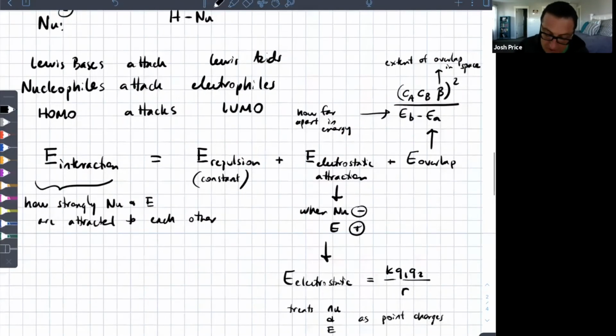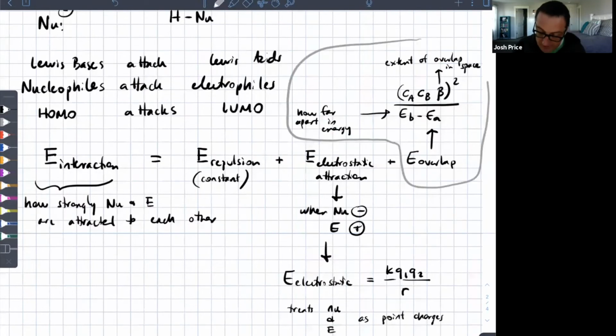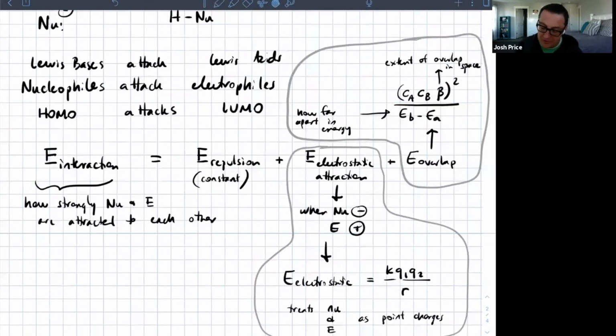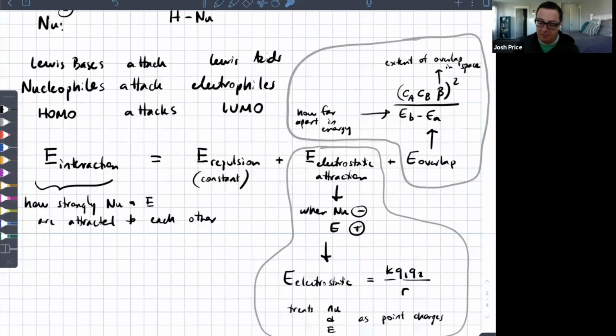So those are our two attractive terms in describing how nucleophiles and electrophiles interact. And it just so happens that these terms are somewhat at odds with each other. For example, if you're a nucleophile that is small and holds the negative charge tightly, probably the assumption that the nucleophile is a point charge will be pretty good, and so probably you'll have a high electrostatic term.